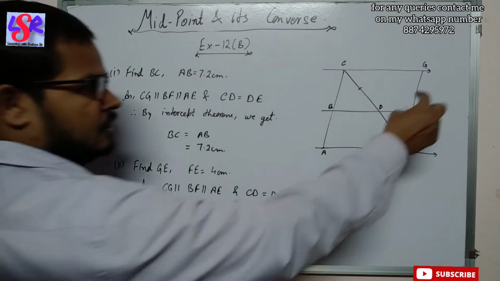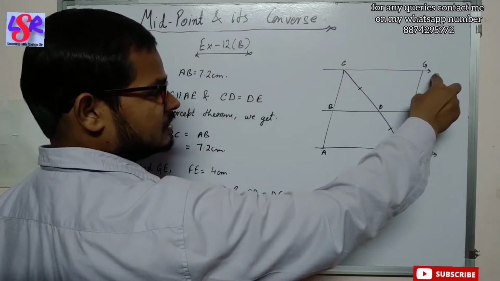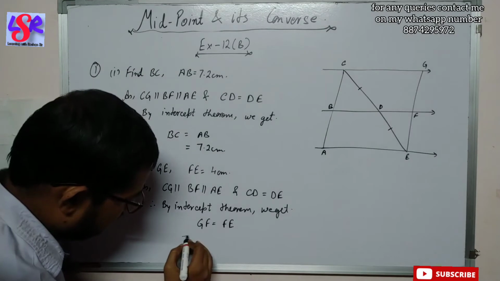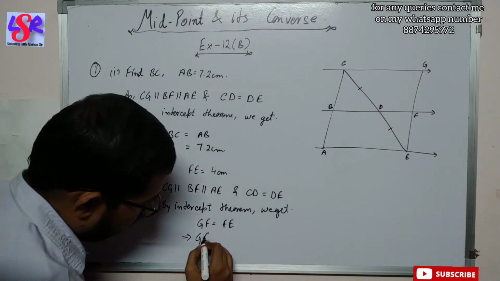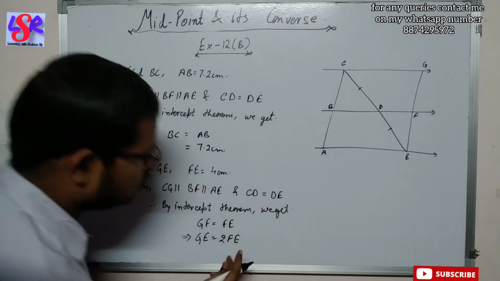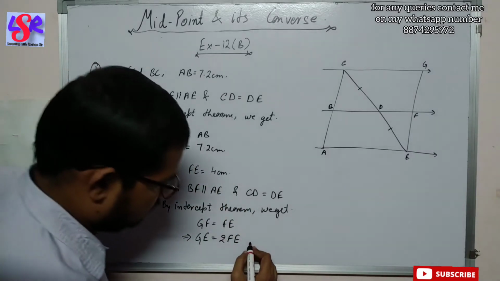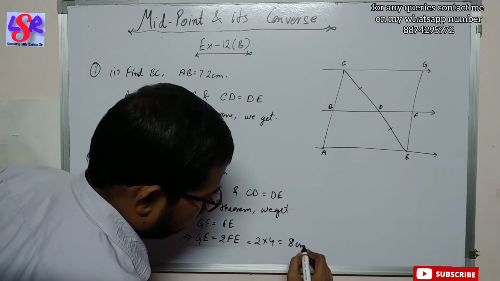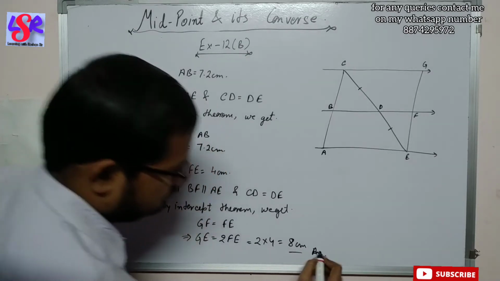Now, if GF equals FE, this means GE will be twice of FE. So we can write GE equals twice of FE. And we know the value of FE as 4 centimeters, so this will be 2 into 4, that is 8 centimeters as the answer.